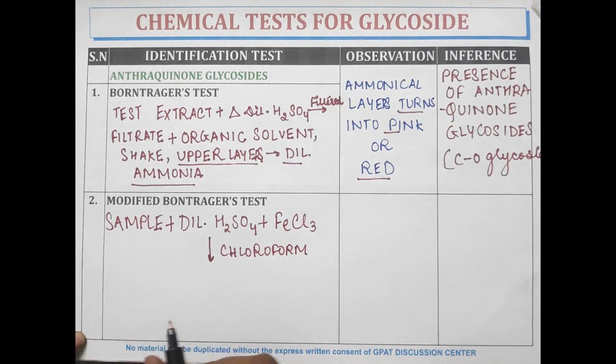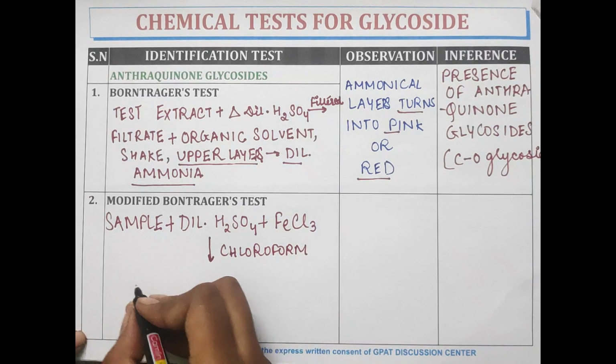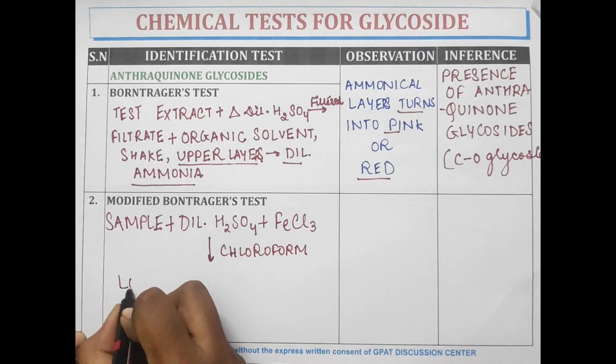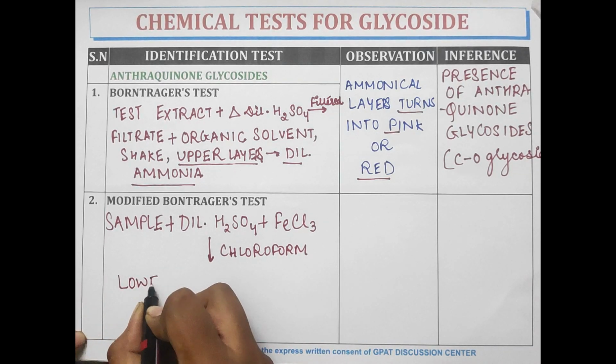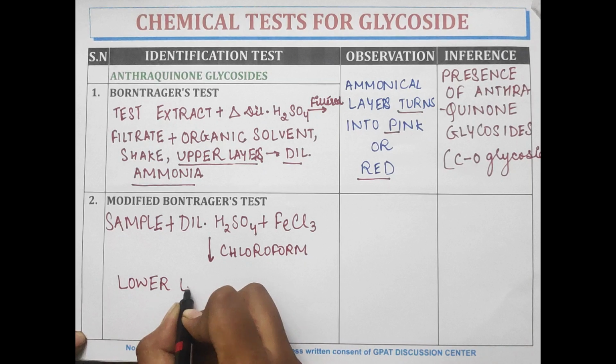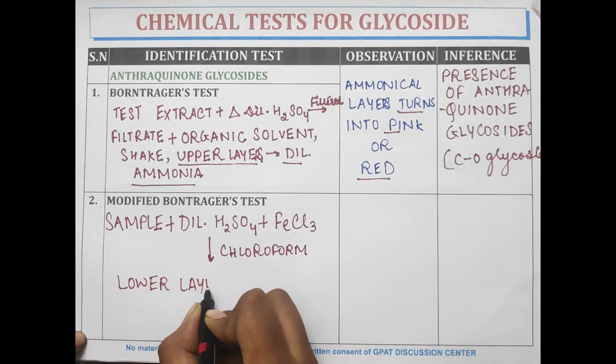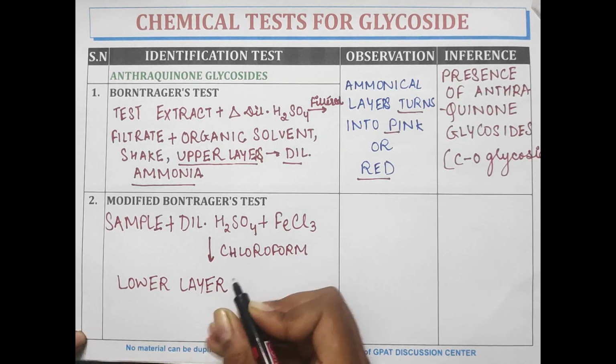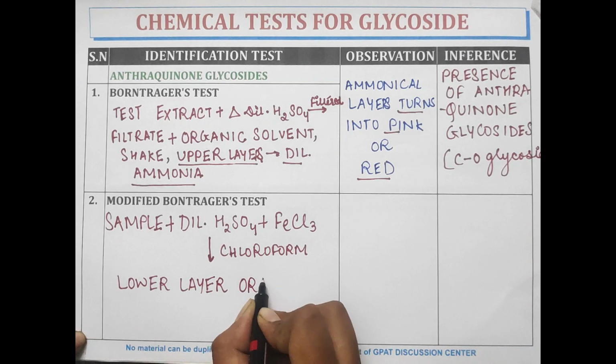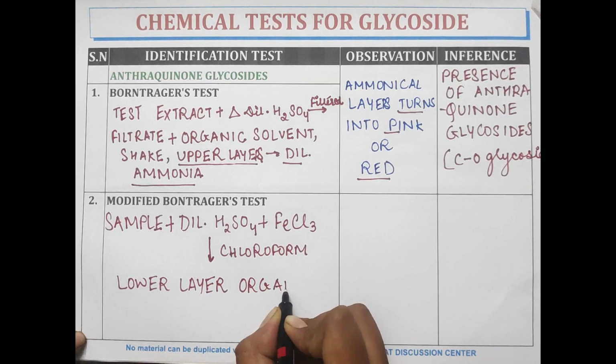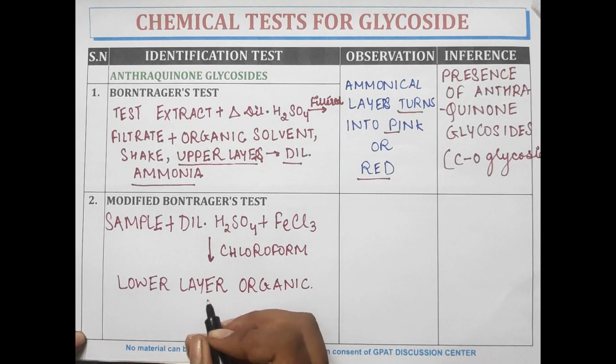Then the lower organic layer is separated, and dilute ammonia is added.